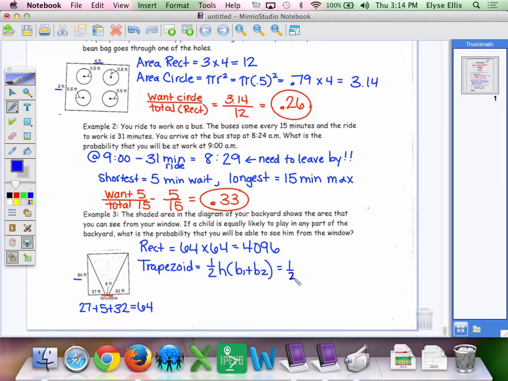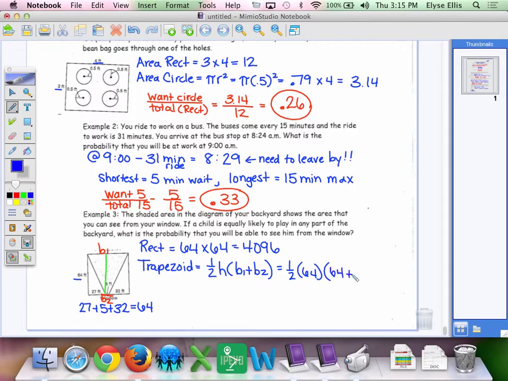So if we're going to plug in parts here, the height of our trapezoid, going straight up and down, is the 64 height along the left. So we have 1/2 times 64 times base 1 plus base 2. Base 1 is across the top, base 2 is across the bottom.